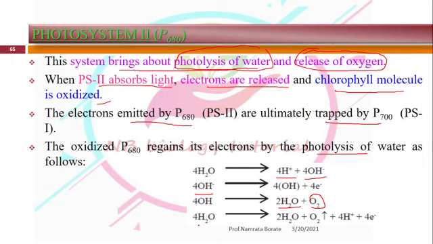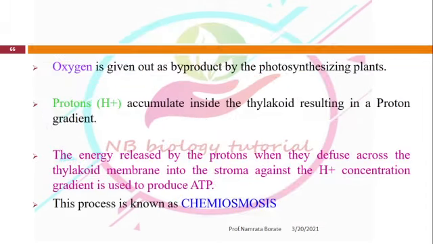The next thing during this process is that 4OH forms 2H2O, oxygen is released, and 4H plus. These 4H plus combine with NADP to form NADPH2, and the 4 electrons are given to photosystem two. So this is a very important phenomenon which takes place in photosystem two.